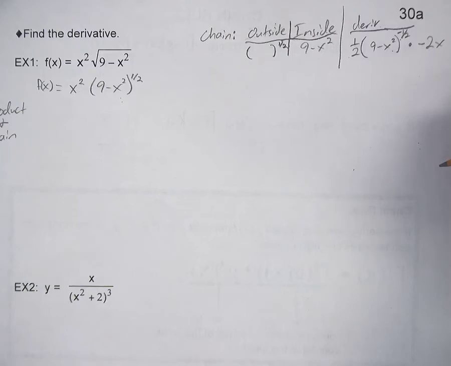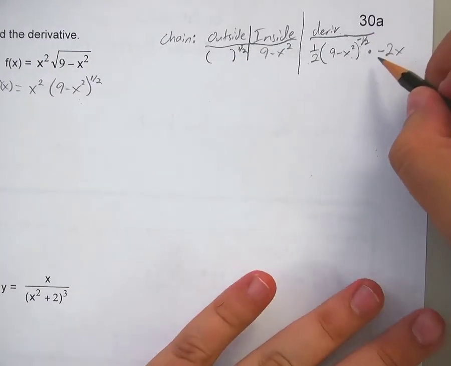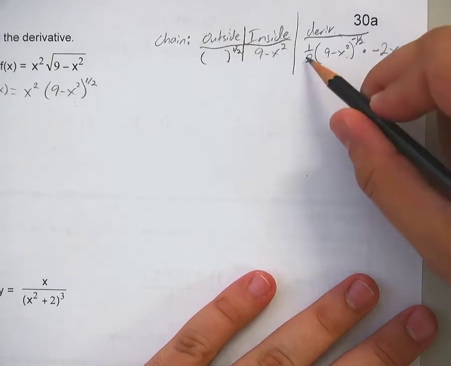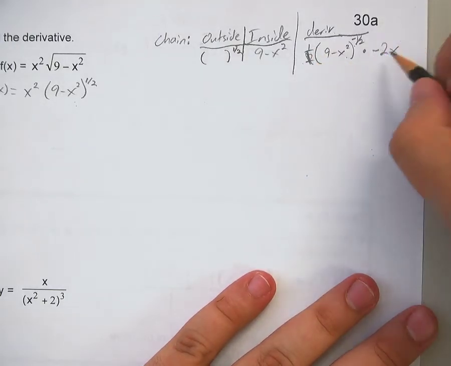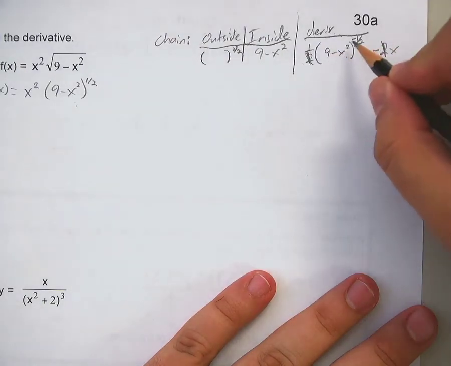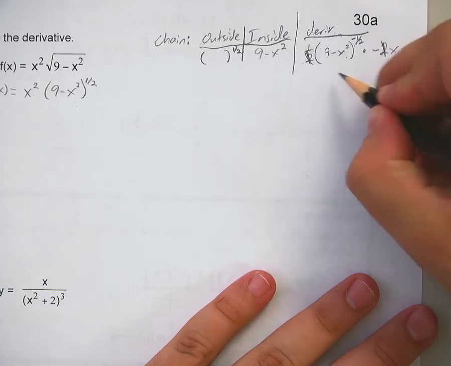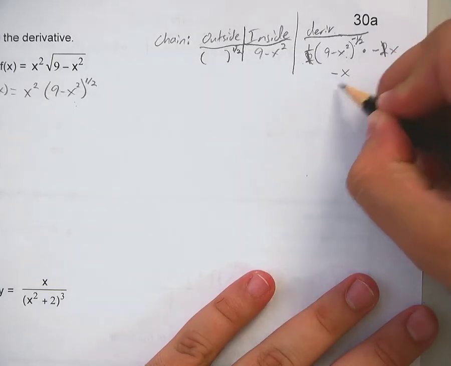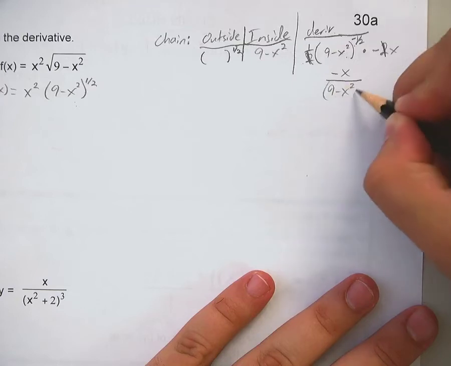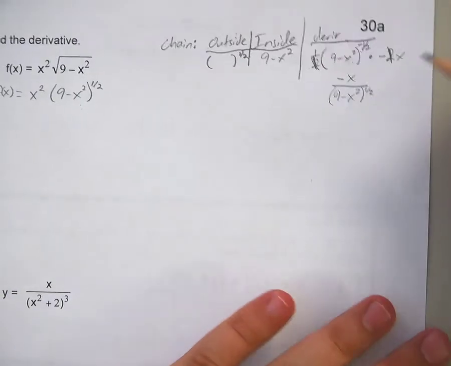Okay? Now we can simplify this just like I did on the other one. I can simplify the negative 2 and the 1/2 here. That'll just give me a negative x, and then bring what's inside the negative exponent to the bottom. So what I'm left with is a negative x over 9 minus x squared to the 1/2 power.